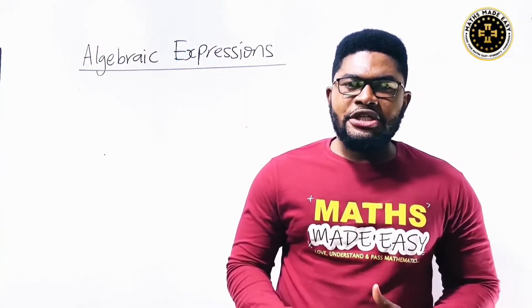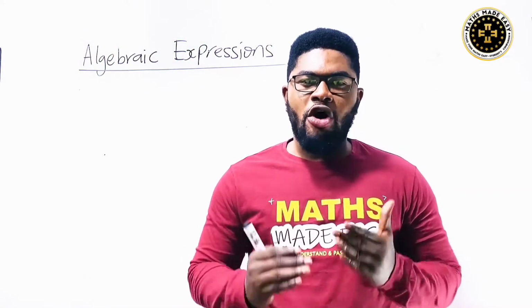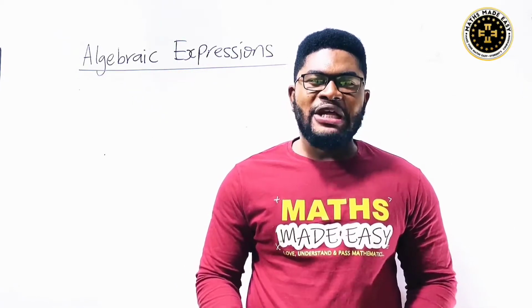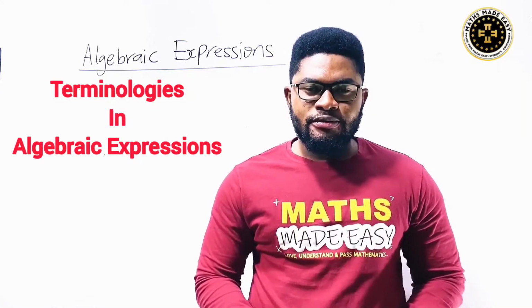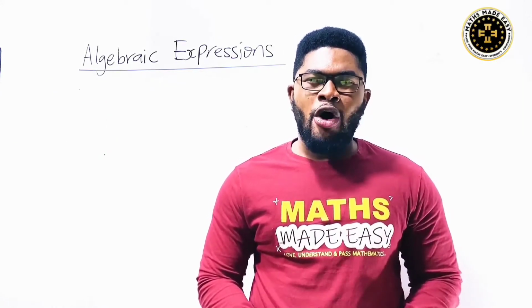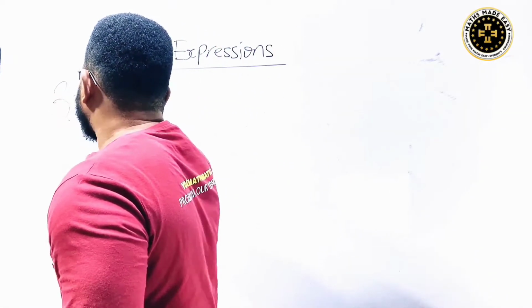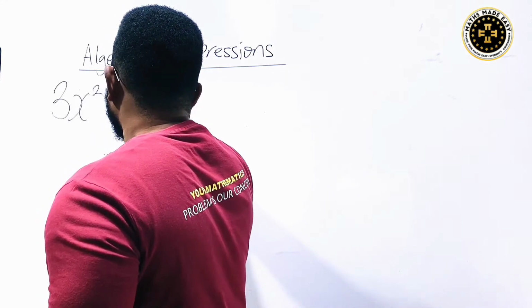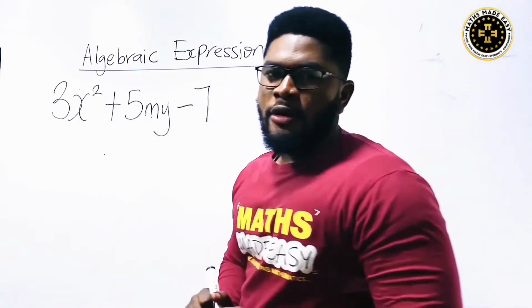Now, at this stage, after you've been able to understand the meaning of algebraic expression, let me introduce you to some of the terminologies that are associated with algebraic expressions. Let's take this example: 3x squared plus 5my minus 7.